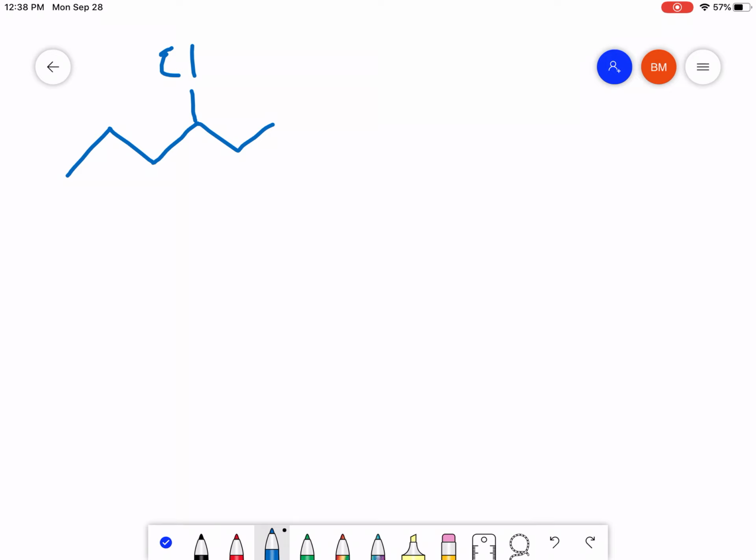Now the one that we skipped was this guy right over here. If we look at this, we can see that we've got a Cl. Not drawn, don't forget, skeletal structure. I can draw it so you can see, but we have an H there. Then we have 2 carbons attached right here and right here.